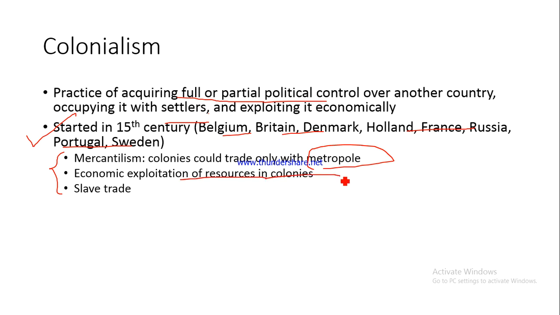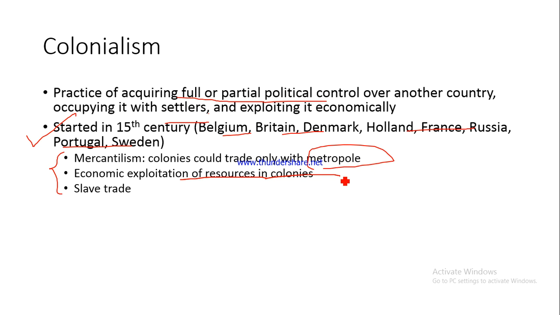For example, you would find that many resources of the colonies were taken away by the colonialists. In case of India also, many precious things that we had in the 17th and 18th century were carried away by the British colonialists.